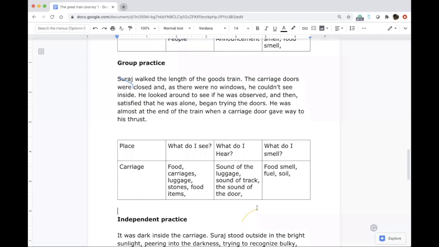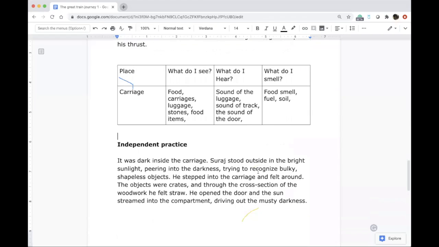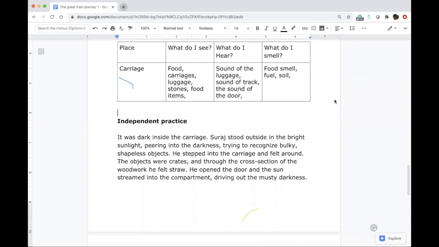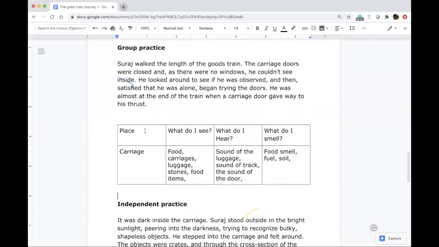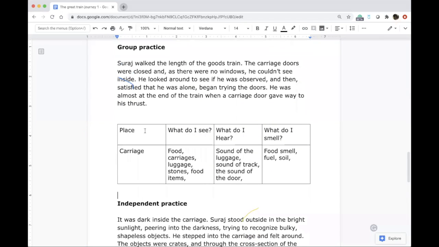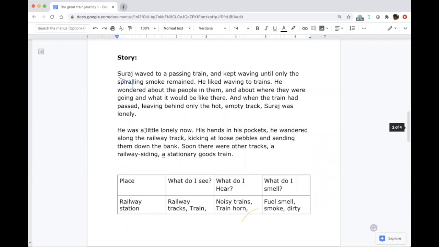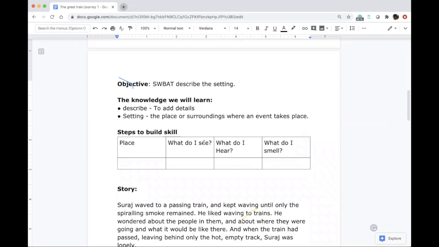Everyone understood how to describe a setting? Yes, sir. I have a question, sir. Yes, ask me. What's the meaning of SWBAT? Yes, very good. Remember, we have SWBAT.